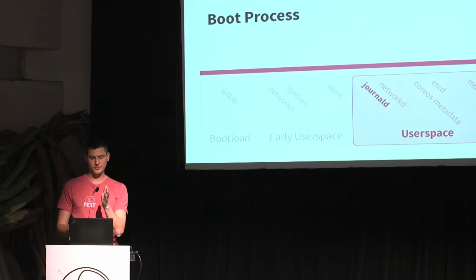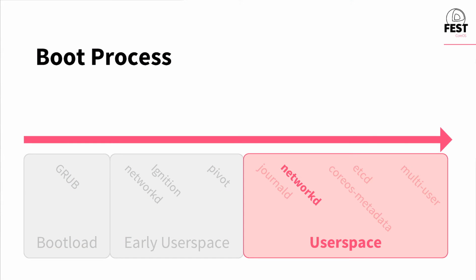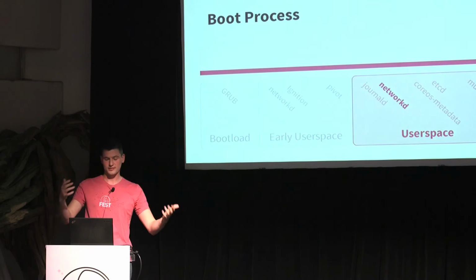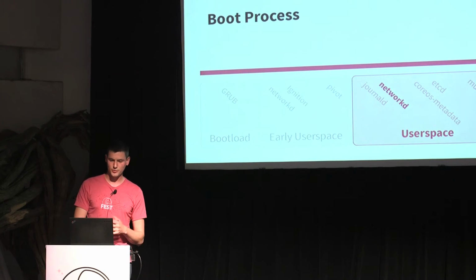So the moment journald starts, it has everything ready to go. So maybe we up the logging level. Similarly, networkd starts up, and again, we already have all of our network units on disk, so networkd comes up, and maybe it assigns static addresses, maybe it changes the way that DHCP works.